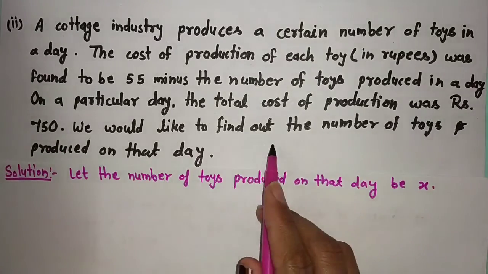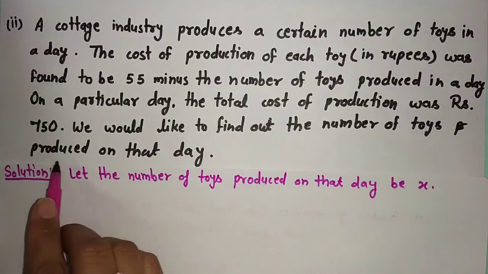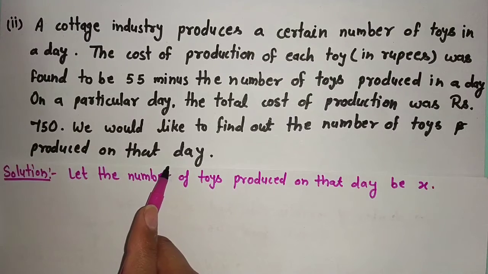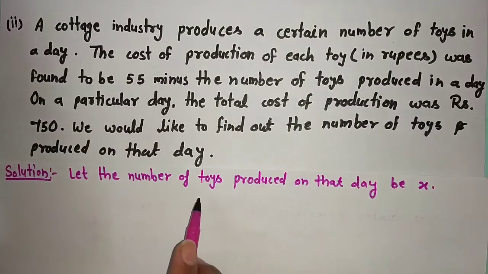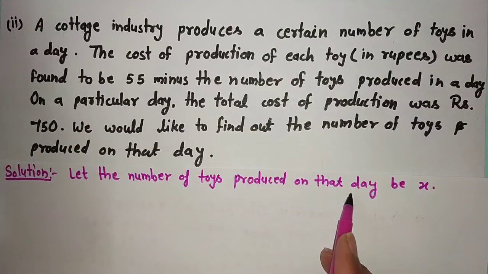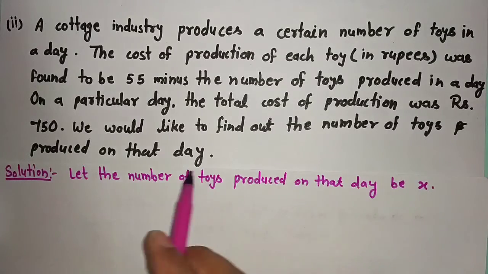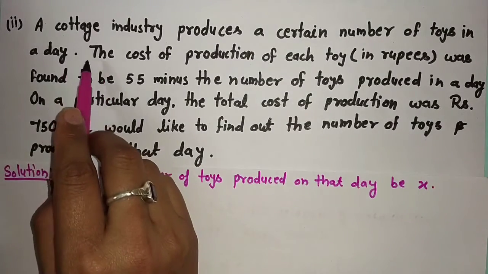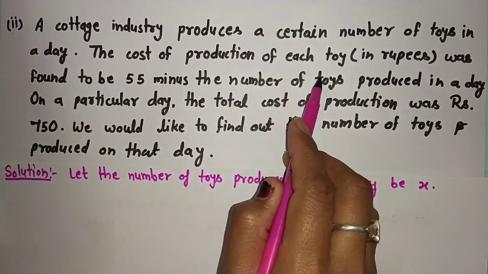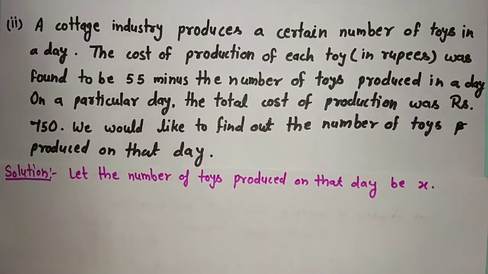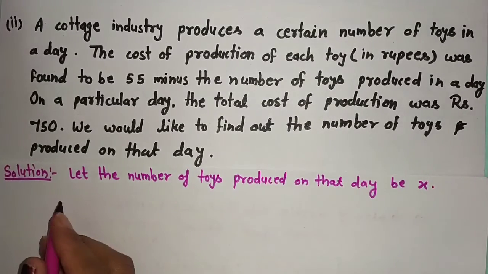We would like to find out the number of toys produced on that day. Let the number of toys produced on that day be x. And the cost of production of each toy was found to be 55 minus the number of toys produced in a day.